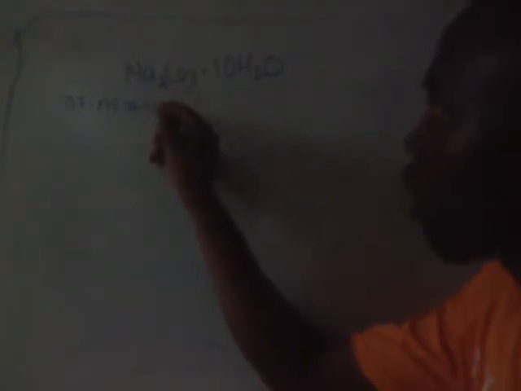We have been given sodium as 23, but sodium has a subscript of 2, so that's 2 times 23, plus carbon. We have only one atom of carbon, with atomic mass 12, plus 3 atoms of oxygen, so 3 times 16, as given in the question.